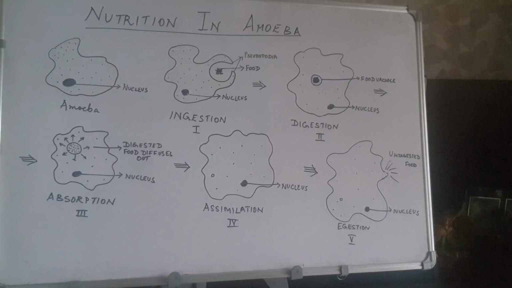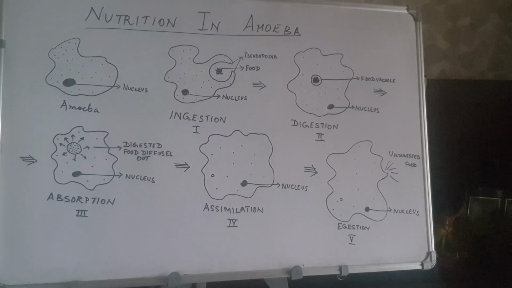That means part of the absorbed food is used for obtaining energy by respiration, and the other part will be taken up for the growth of the amoeba. It will grow in size. That happens in this fourth step, and it can reproduce by dividing into daughter cells.